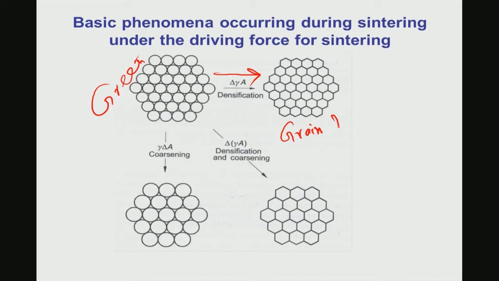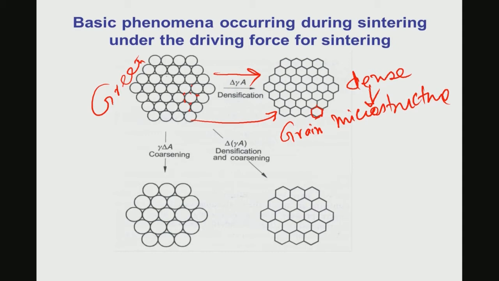The size of these hexagonal grains has some correlation with the powder particles, but essentially what you see is that the void spaces, the way I am sketching in between the interparticle region, these void spaces are lost. That means these void spaces are removed, leading to a very dense grain microstructure. Now, this dense microstructure is characterized by certain geometric shape and size of the grains. So, this is scenario number 1.